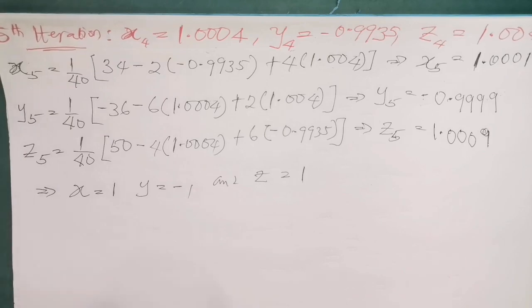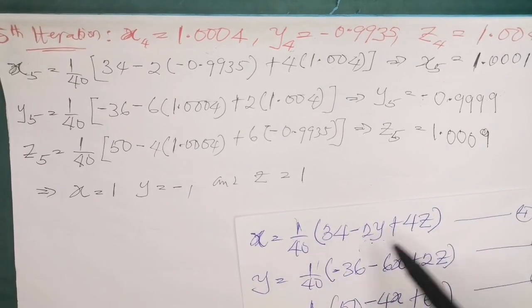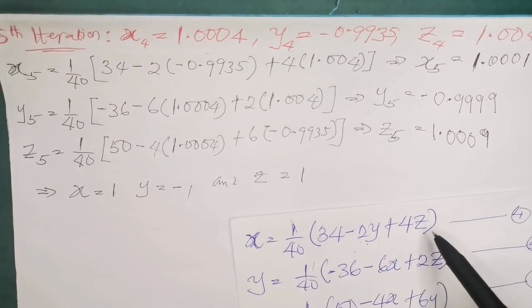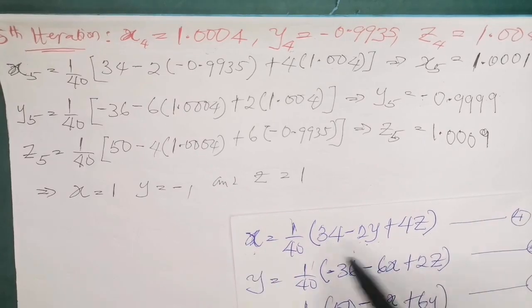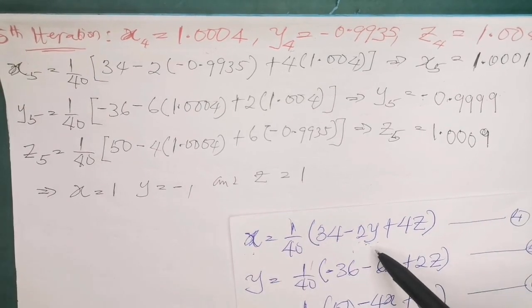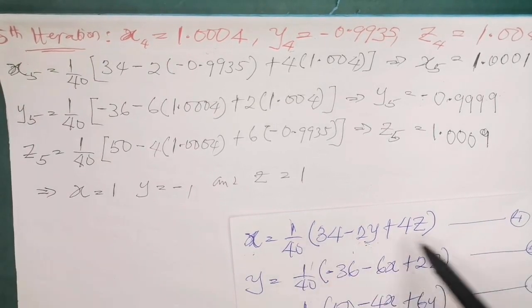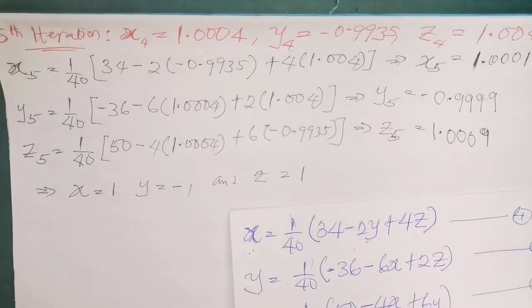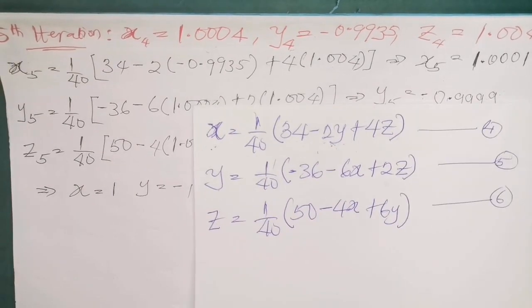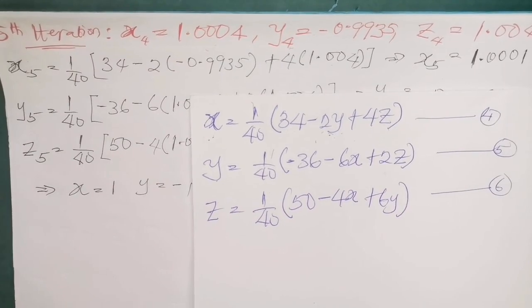So you can go ahead and plug these values into the given equation and see if you're going to have the same result. For instance, x is 1. Then plug in the value of y as negative 1 and the value of z as 1. Compute all of this, and if you have 1 equals 1, then it means you're right. If you don't, then it means we are wrong. But I'm sure that we are very much correct.